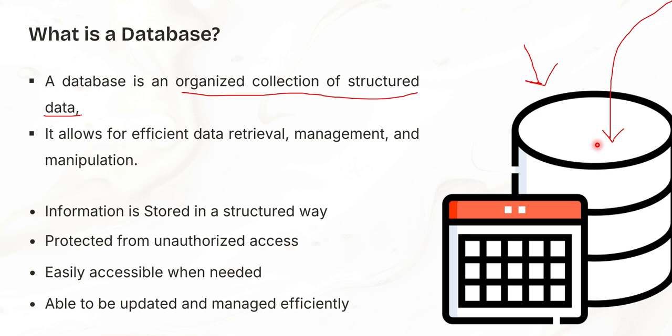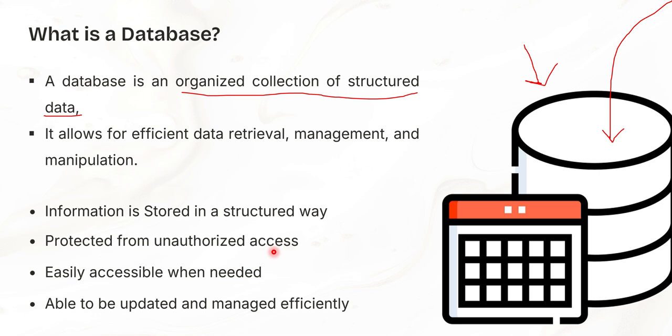To speak about very important features of a database, the information is stored in a structured way. We will try to understand what exactly the structured way is. And it is protected from unauthorized access, which means the database which you have created and which you are using will allow you to create certain protection to it.